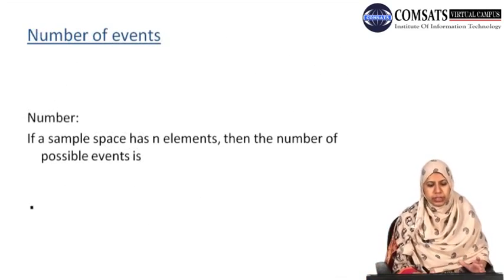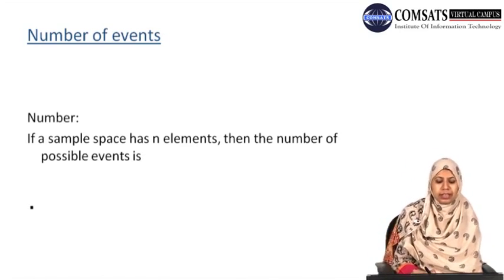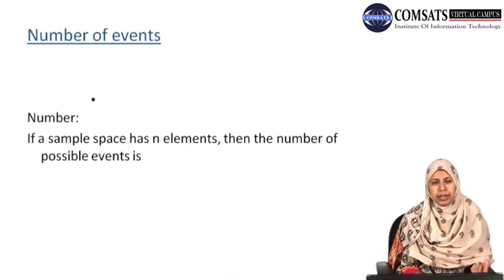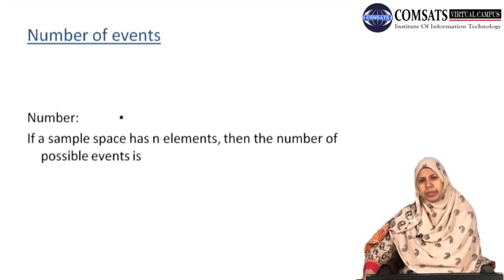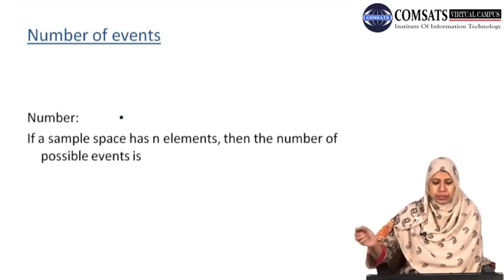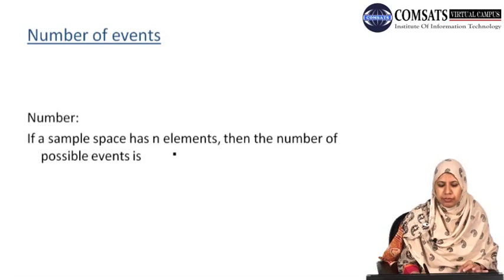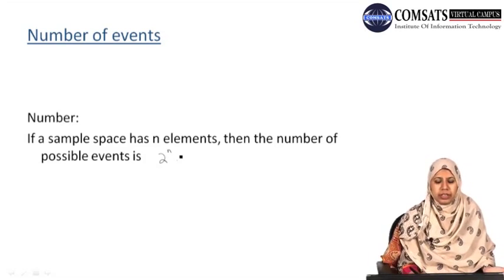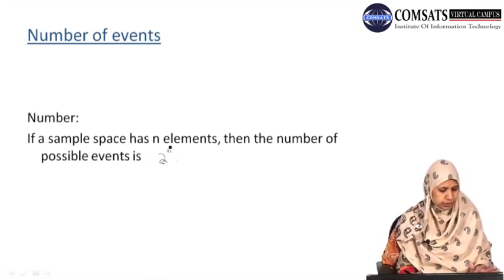Now, by knowing these types of events, if we are asked to find the number of possible events from a given sample space, how can we find it? We are interested in knowing the number of events which can be obtained from a given sample space. If our sample space has n elements, the number of events is 2 to the power n, that is 2 to the power of the number of elements of our sample space.